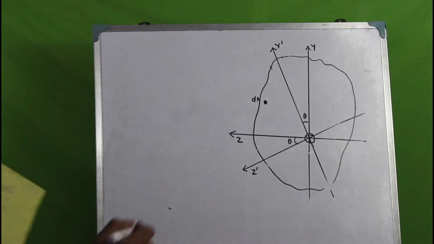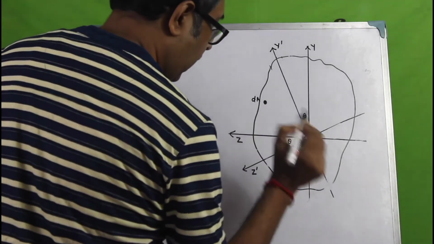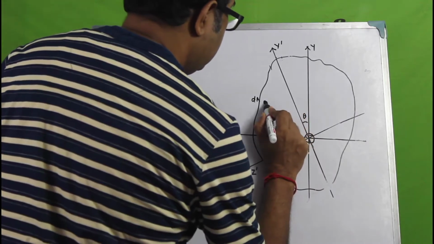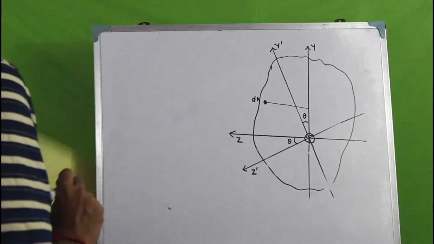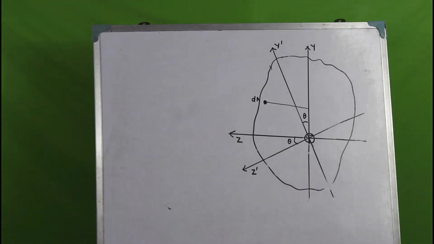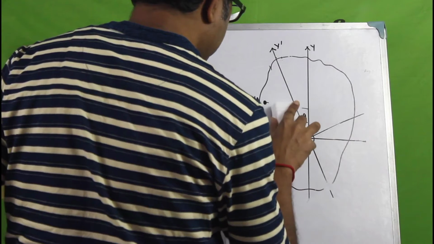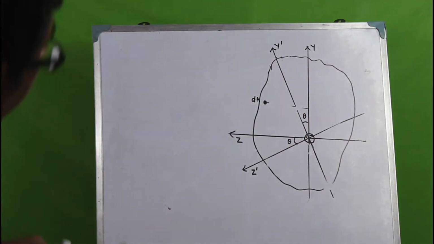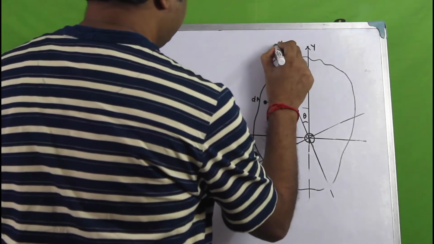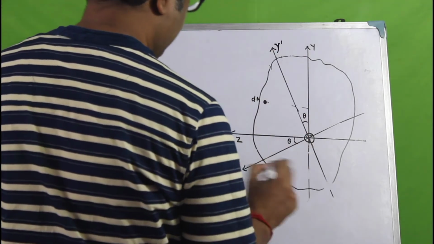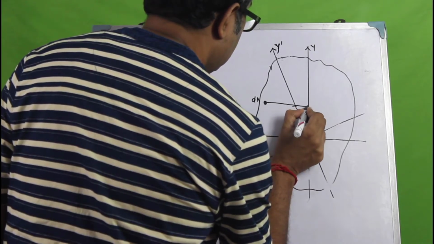Now, in this case, the distance of dA from the original axis system, y and z, these are capital Y and Z indicating the axes.